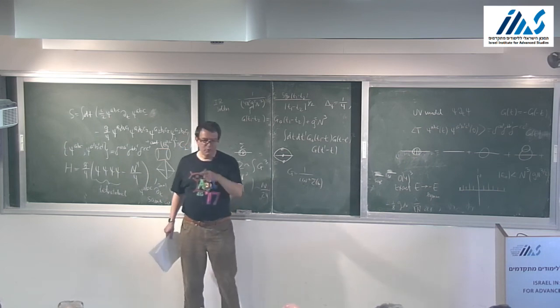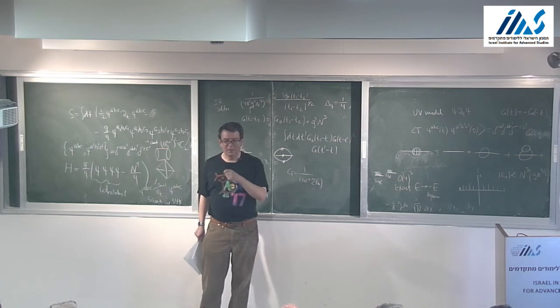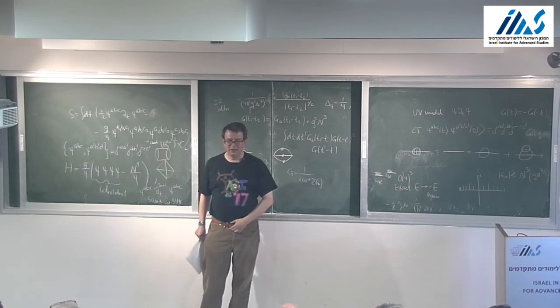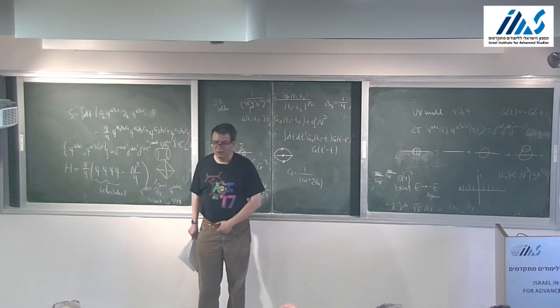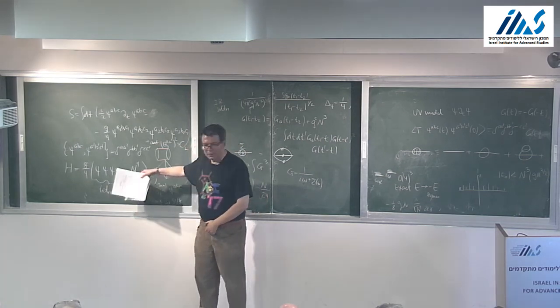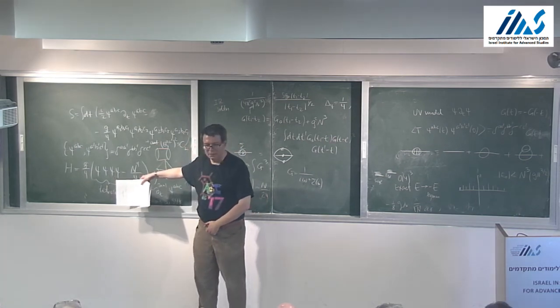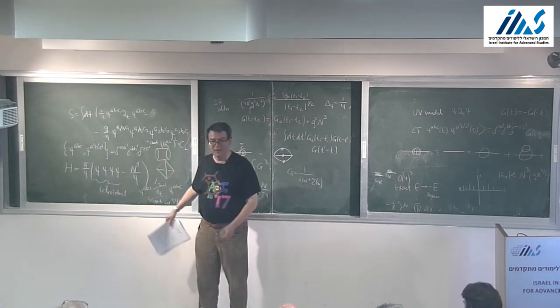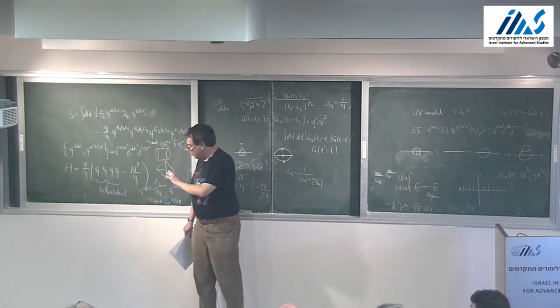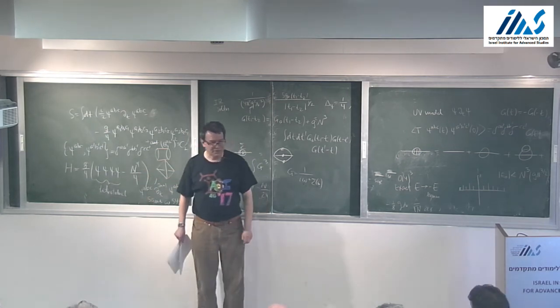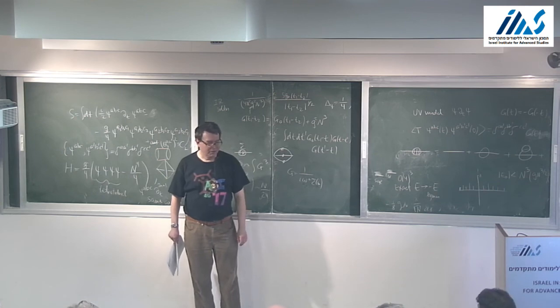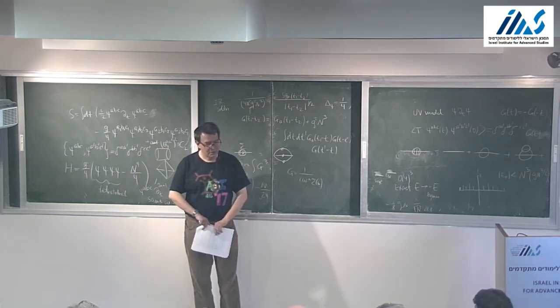Well, 4 minus epsilon we can do for phi-4, but that model, which one? This one? Maybe 2 minus epsilon, right? Yeah, this one you can do 2 minus epsilon, and this actually is probably an interesting thing to do.